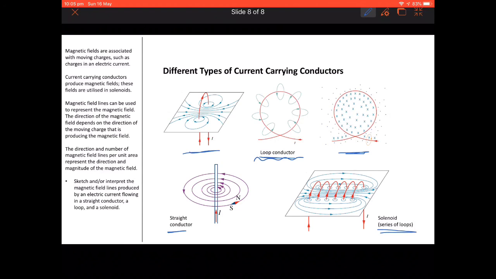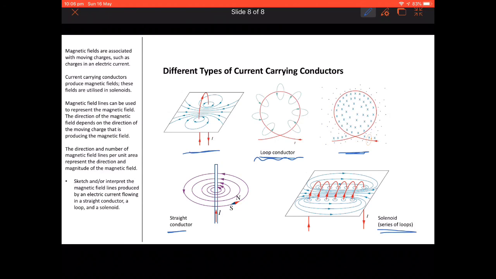With a solenoid, it's a collection of loops, and when you put a bunch of these together, you can generate your own electromagnet, because you've generated the same magnetic field as you would have with a bar magnet.